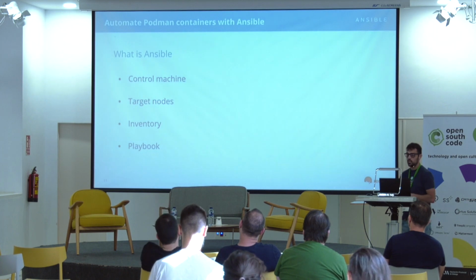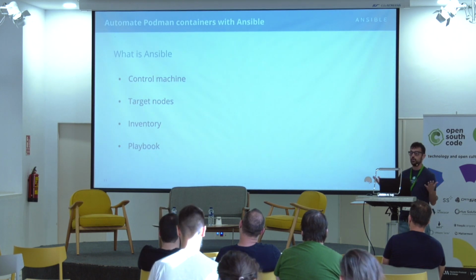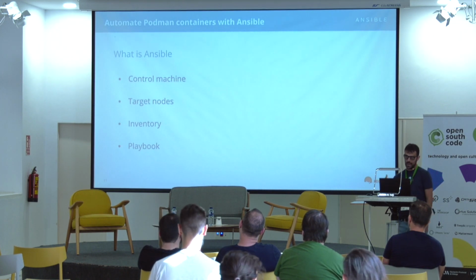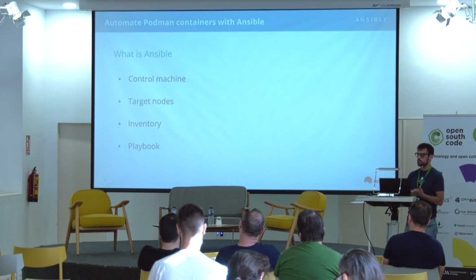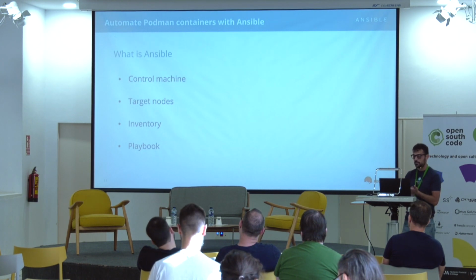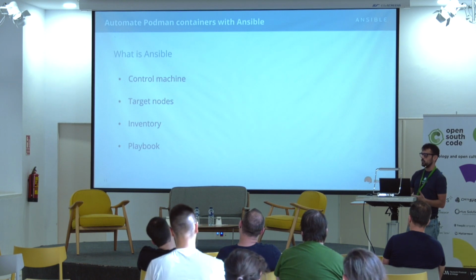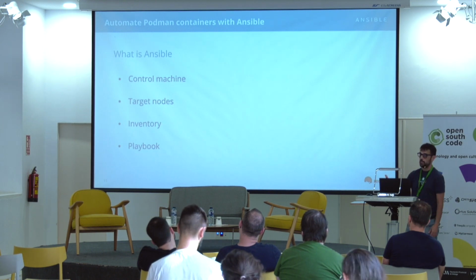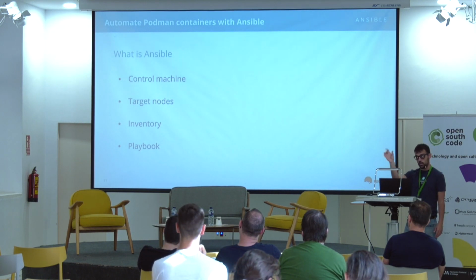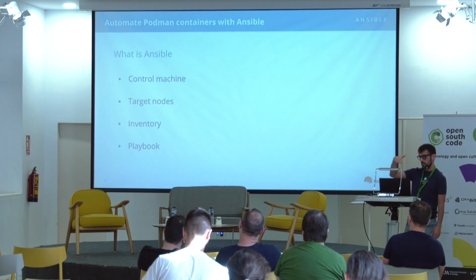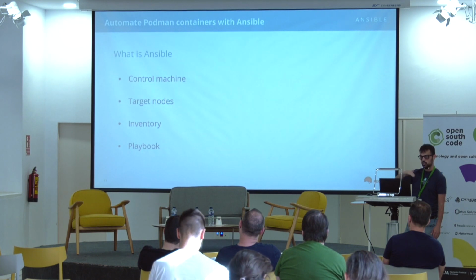Then you have the inventory, which is a file where you put the information on how to connect to those target nodes: the IPs, the users, the private keys that you need to use. And then the playbook, which is how you define what you want to automate. You define the target nodes that you want to automate, and then the tasks, which are the things that you want to do.